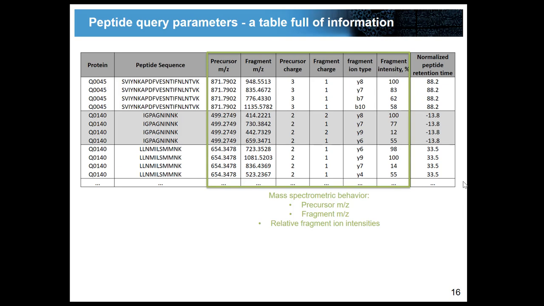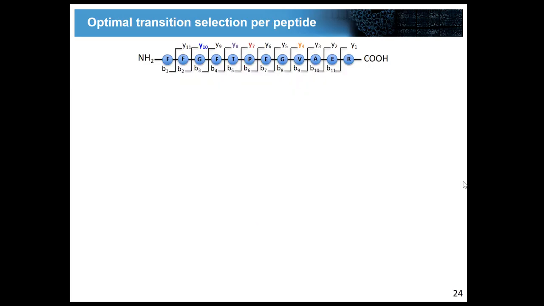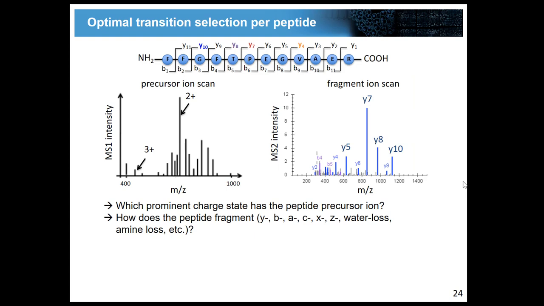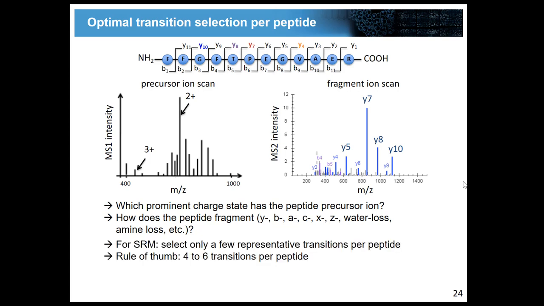The problem, again, is that a selected peptide can be present in different precursor charge states, and it can produce a whole range of different fragment ions, including y, b, a, z, x ions, water loss, and amine loss ions. Again, for SRM we are limited in the number of transitions we can measure, so ideally we would not like to measure more than 4 to 6 transitions per peptide. And again, the question is, which one shall we choose?